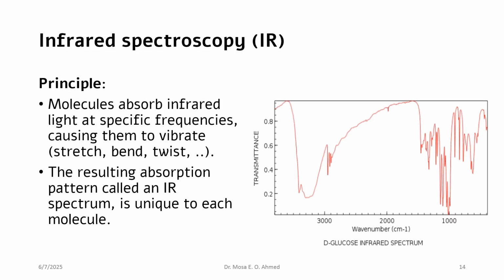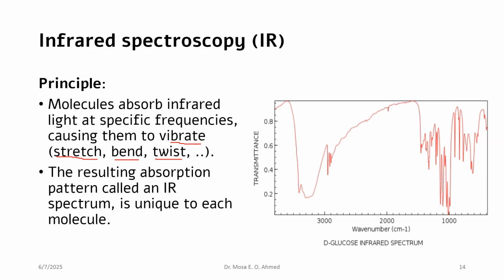In the principle of IR spectroscopy, as we said previously, when the molecule absorbs infrared, the molecule starts vibrating. The vibration results in stretching, bending, or twisting of the molecule on its own chemical bond.